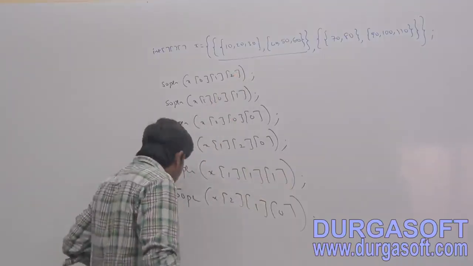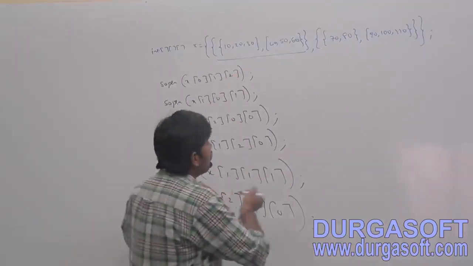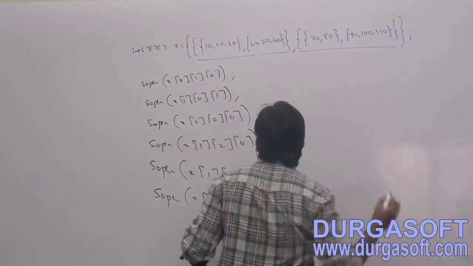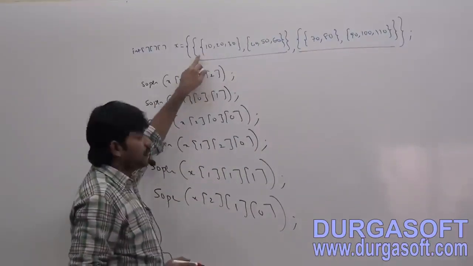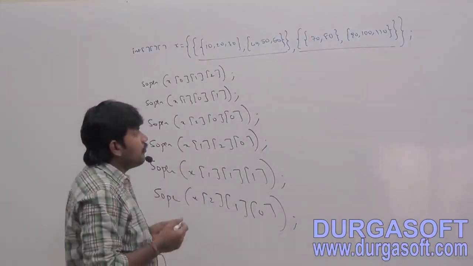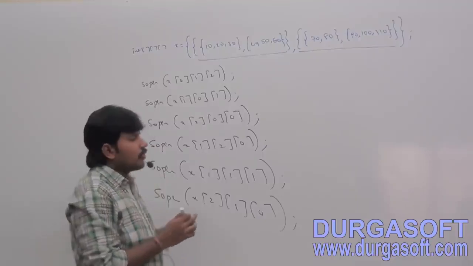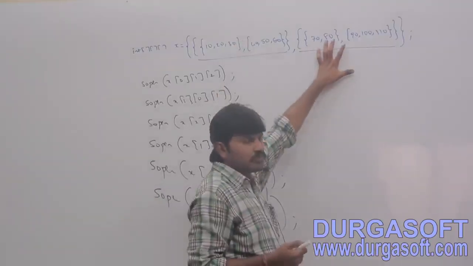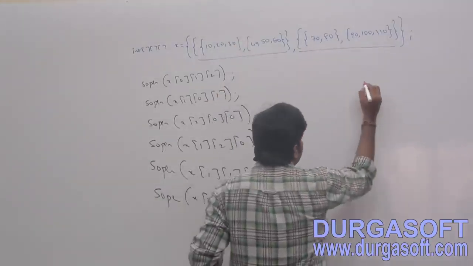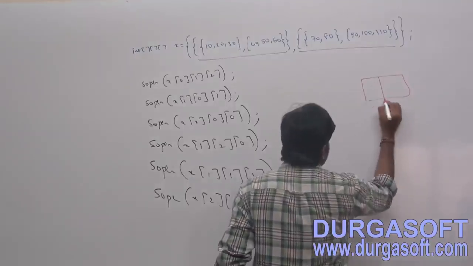Let me convert. Sir, can you tell what is the dimension of this array? 3 dimension. 3 curly braces, 3 dimension. What is the base size? 2. First 2-dimensional array, second 2-dimensional array. That's why base size is 2.